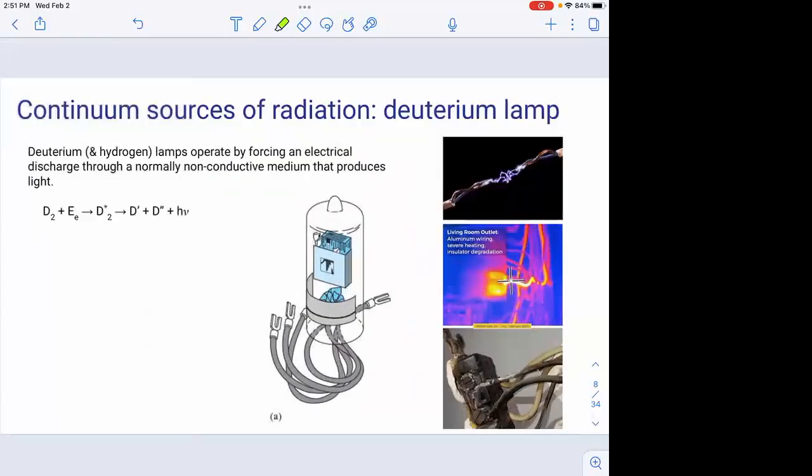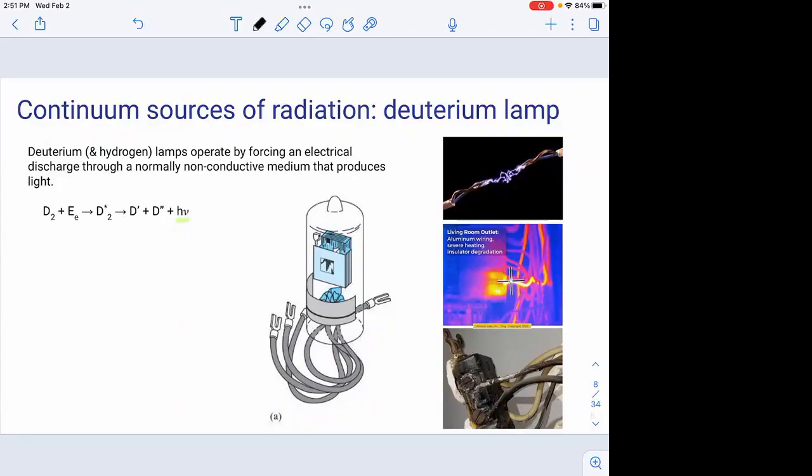All right, so let's talk about what an arc really is. An arc occurs when you have a discharge of a photon. We're going to work our way backwards. You can see that there's a discharge of a photon here from this deuterium energy spectra scheme here.